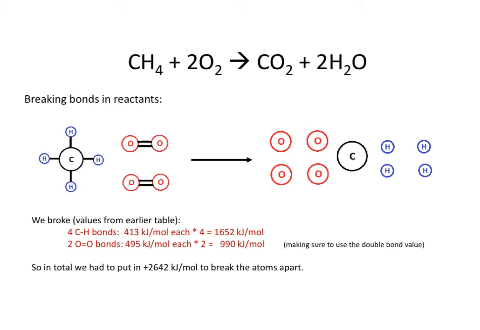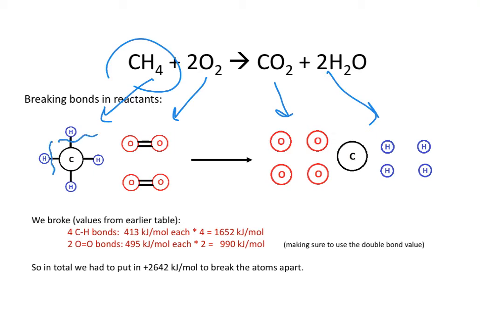Here is the type of simple example that you should be able to understand and explain. This happens to be the combustion of natural gas, okay? And just to help you visualize it, here are models of the reactants and products. As I said, in any chemical reaction, you are going to break some bonds.